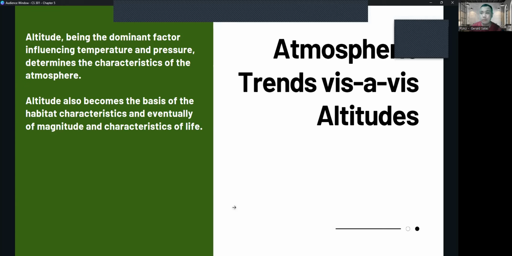That's why in agriculture, we have upland agriculture and we also have lowland agriculture. So basically, altitude is one of the dominant factors that needs to be considered in deciding which crops or plants we can plant at that particular altitude. So it's very dependent on that aspect.